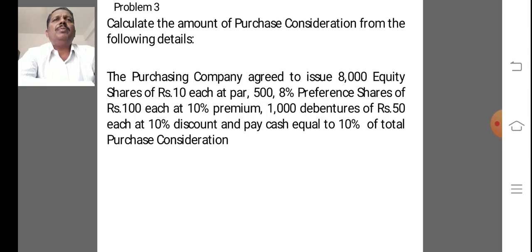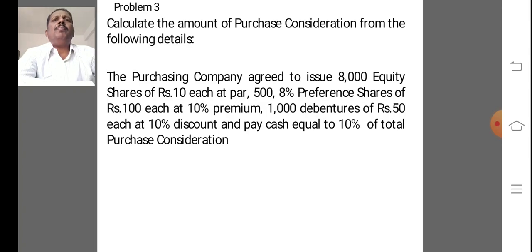The purchasing company has agreed to issue 8,000 equity shares of rupees 10 each at par, 500 8% preference shares of rupees 100 each at 10% premium, 1,000 debentures of rupees 50 each at 10% discount, and pay cash equal to 10% of total PC.